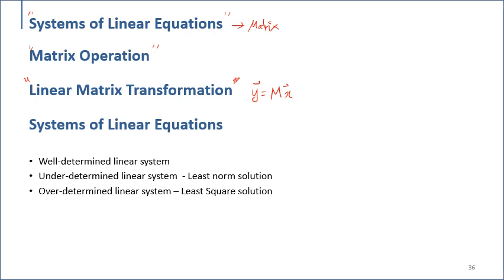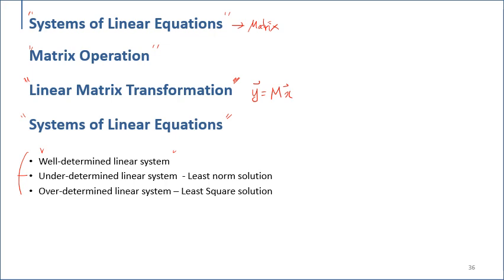And finally, we have looked into several types of systems of linear equations. There were mainly three types. The first is well-determined linear systems, where the number of variables is equal to the number of constraints, so we can exactly define the solution.